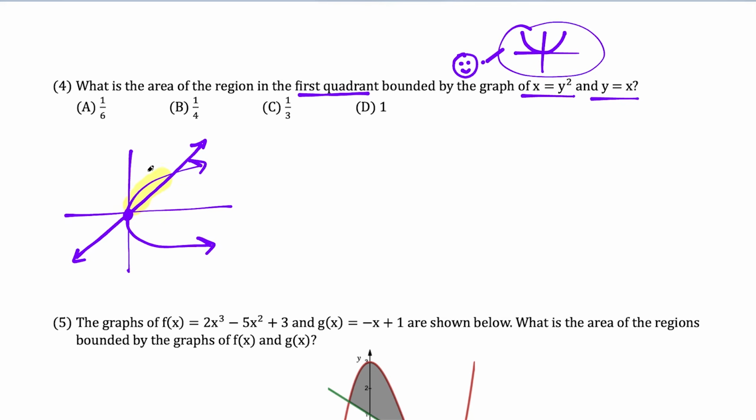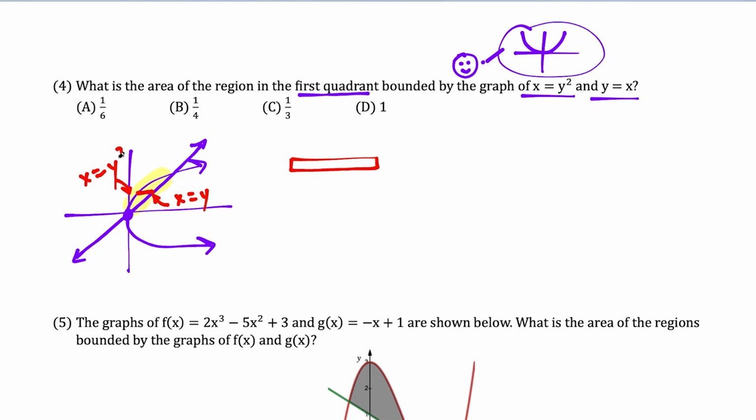So now what we want to do is we're going to take a cross section. And since we're dealing with the function of y, we're going to take horizontal cross sections like this. And now the key is to describe the area of one cross section. We have to think of how we find the horizontal distance between these two curves. And notice here that this equation I could call x equals y. And the equation over here, I'm going to call this x equals y squared.